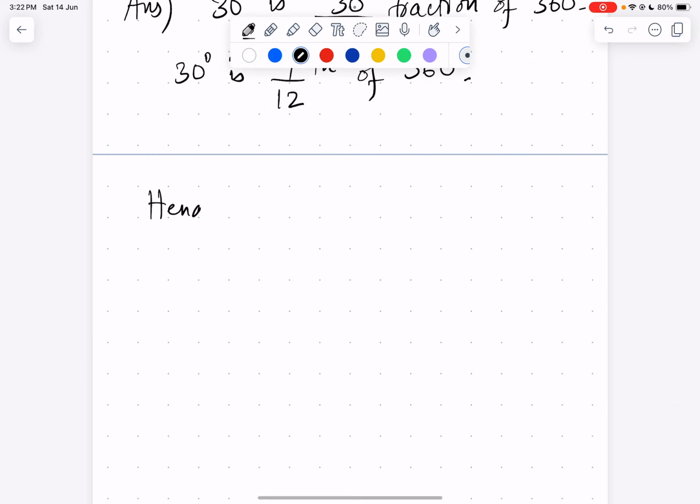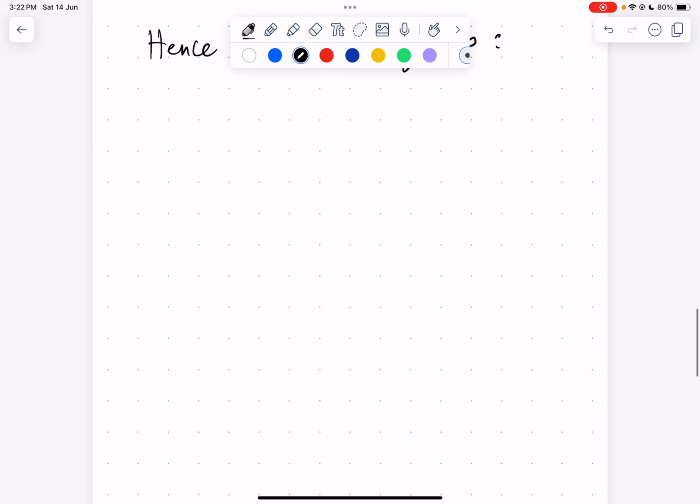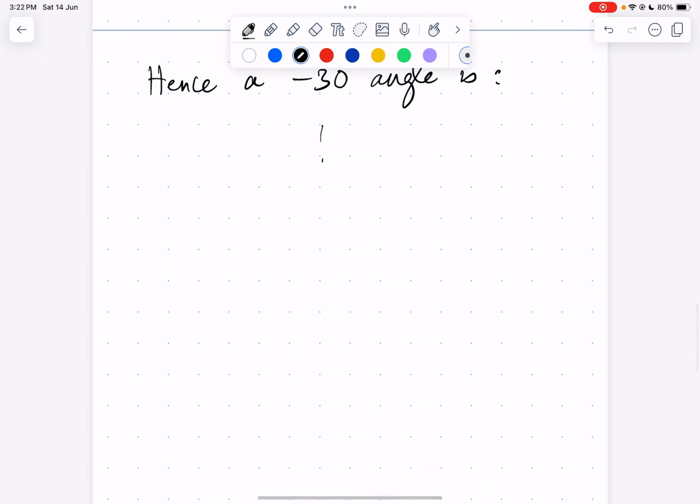Hence a minus 30 degree angle is, so you have the full angle 360 degrees, you should divide it into 12 equal parts.